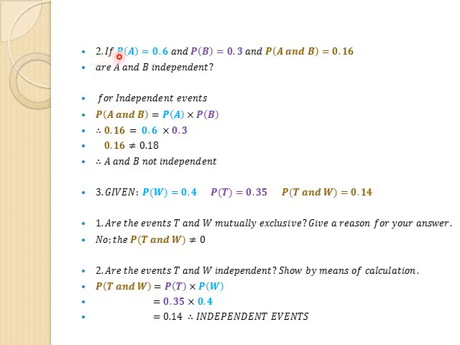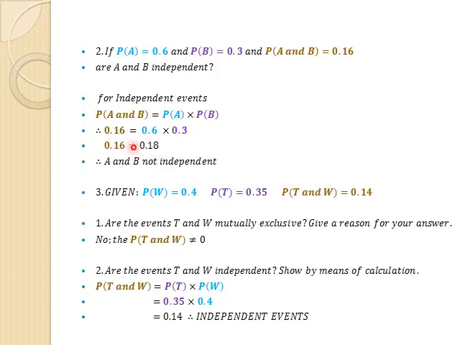Number 2, probability A equals 0,6, probability B equals 0,3, probability A and B equals 0,16. Are A and B independent? So for independent events, probability of A and B must equal probability A times probability B. So A and B is 0,16, probability A 0,6, probability B 0,3. 0,6 times 0,3, or 6 over 10 times 3 over 10, would give me 0,18.